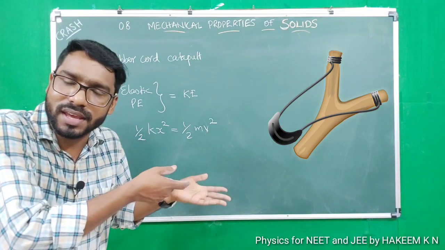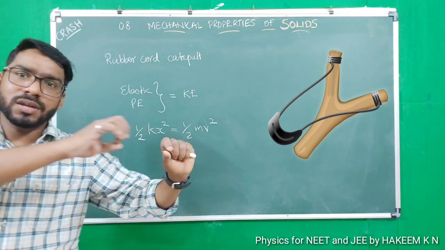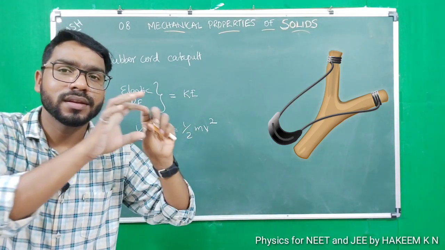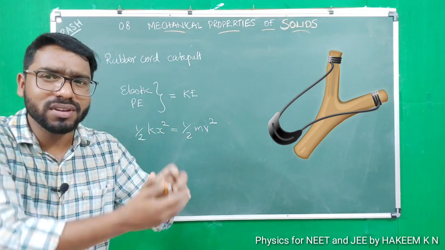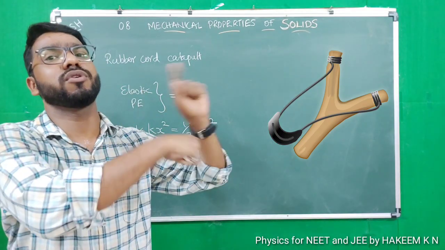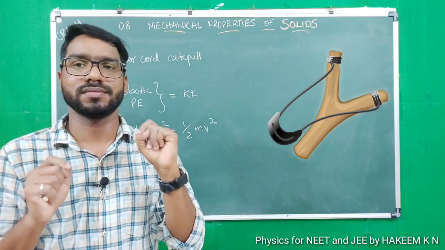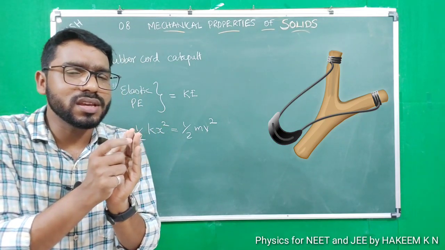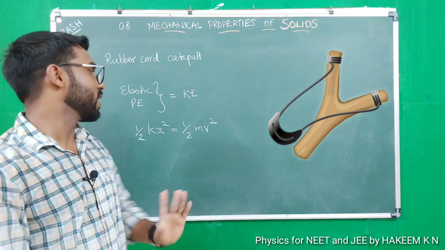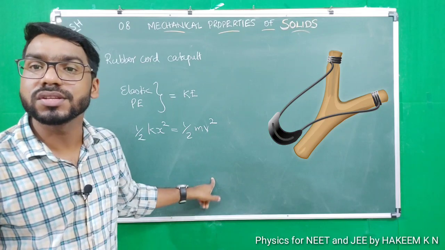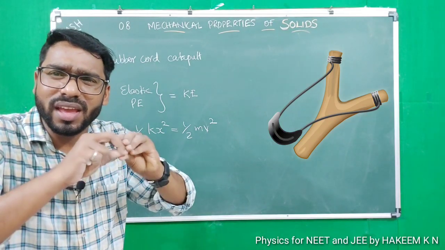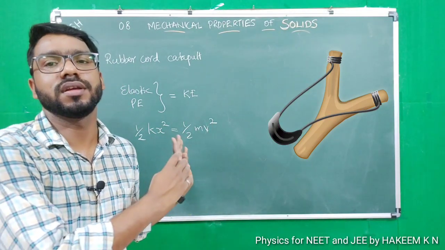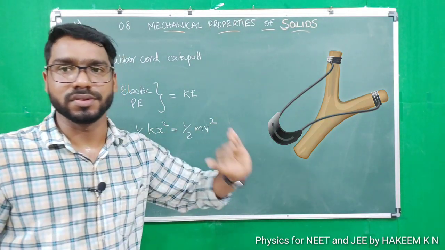But here also the elastic potential energy given by the man will not be completely converted into kinetic energy for the stone due to elastic hysteresis. So kinetic energy will be less than the elastic potential energy. If there is no heat loss, then elastic potential energy completely converts into kinetic energy.